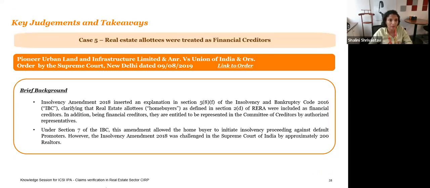the main paradigm shift which came about in real estate sector CIRP was when the IBC was amended to allow home buyers to be categorized as financial creditors. This was not there originally when the code was introduced.